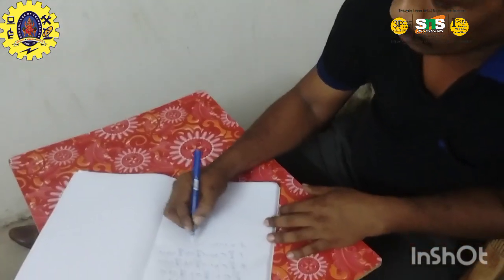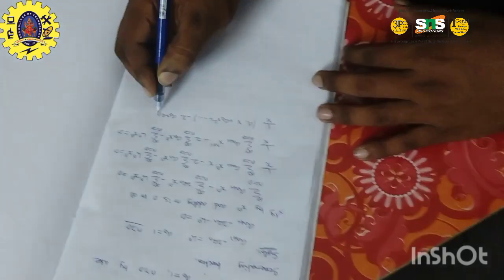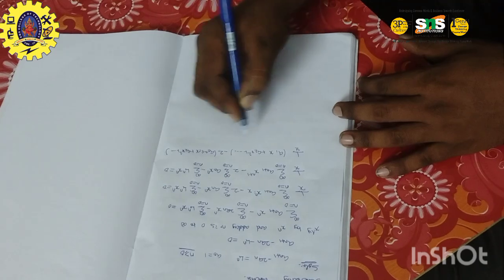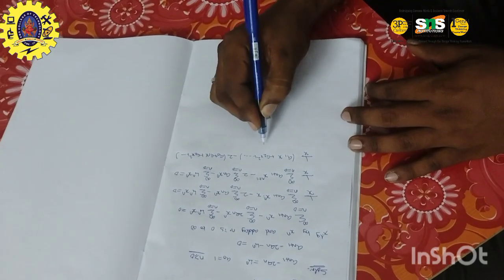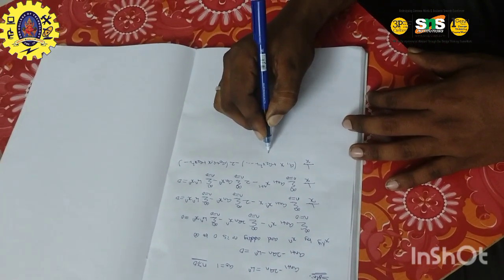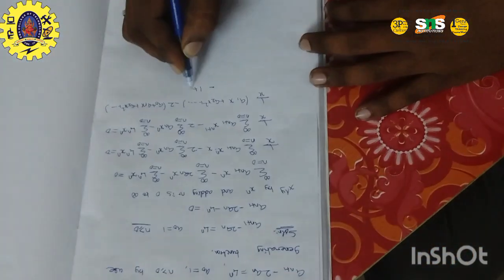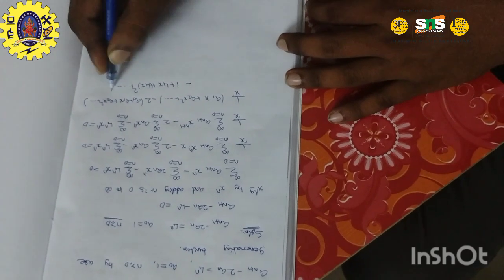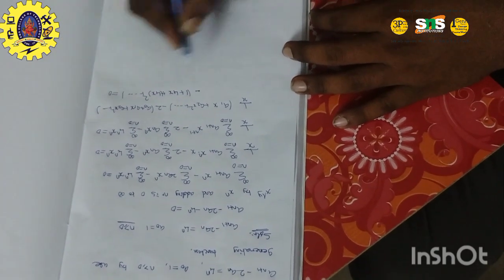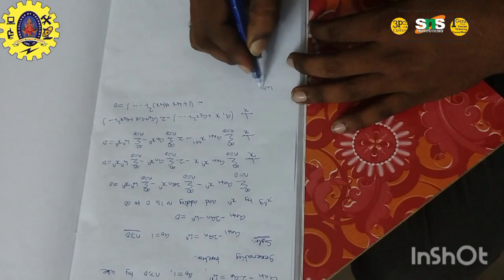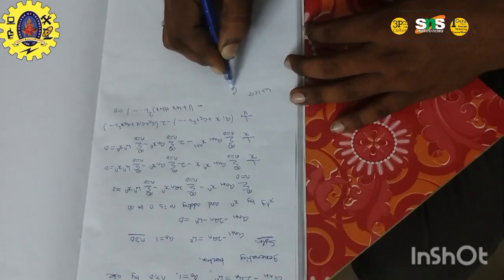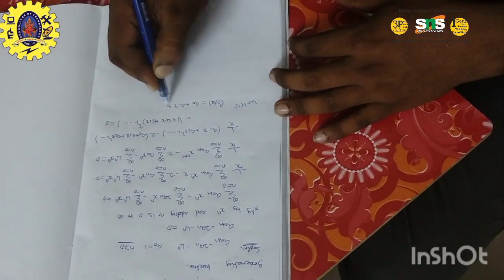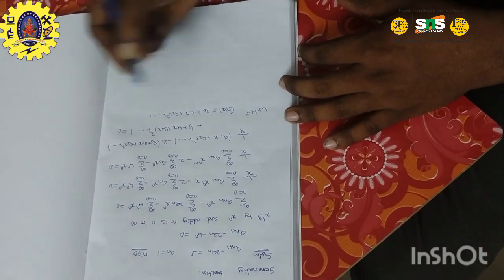The second term is a_0 + a_1 x + a_2 x^2 + ... up to infinity, and the last one is minus (1 + 4x + 4^2 x^2 + ... up to infinity) equal to 0. We already know that the generating function definition is g(x) = a_0 + a_1 x + a_2 x^2 + ... up to infinity.